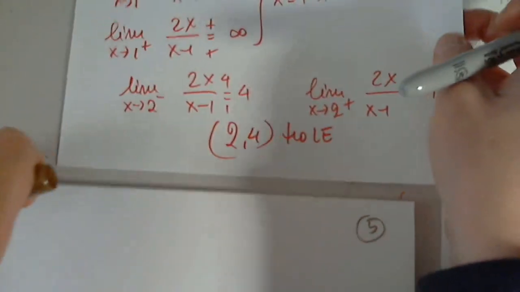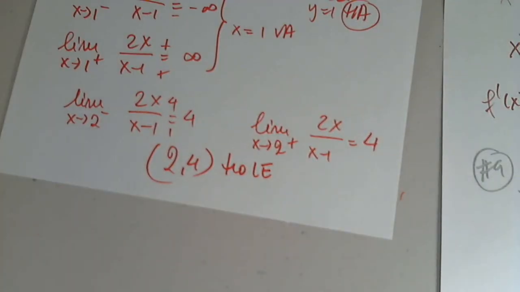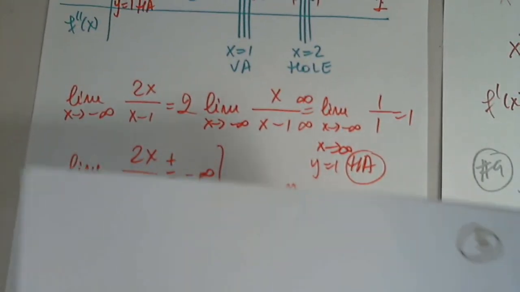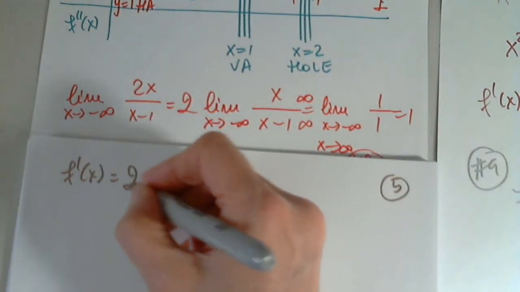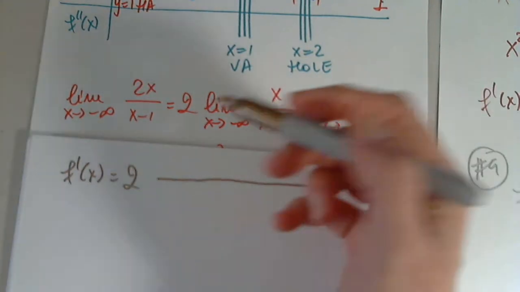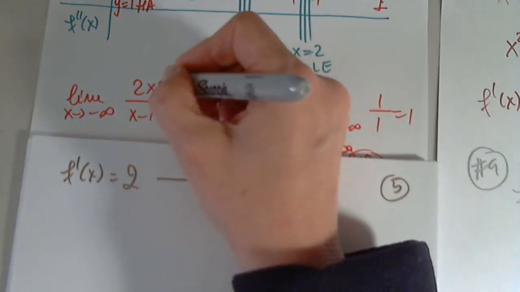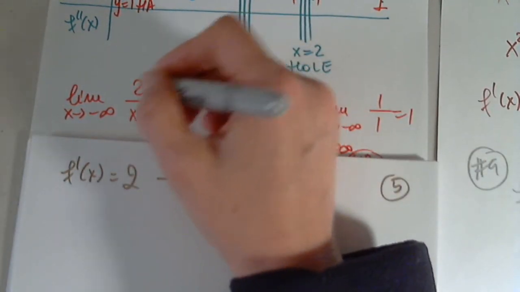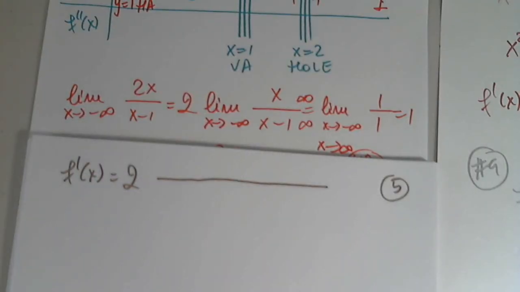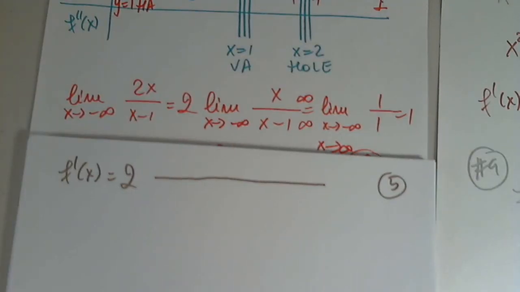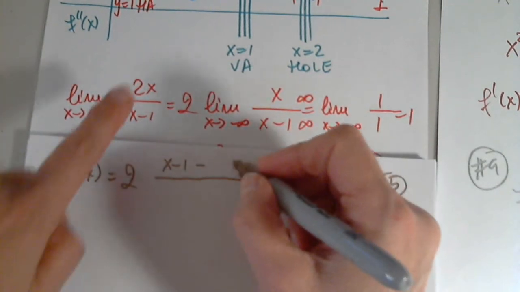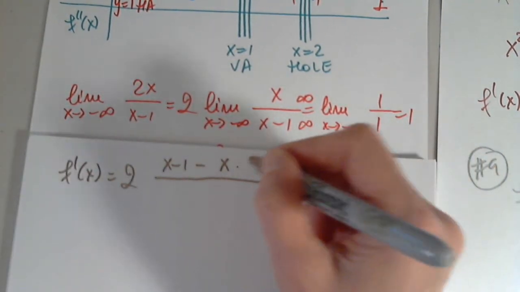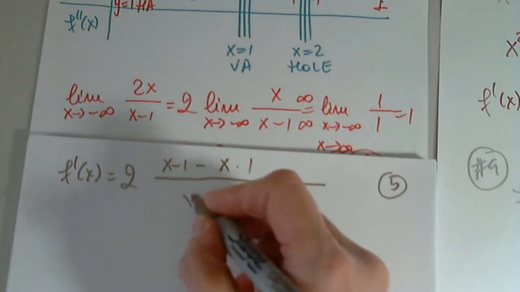First derivative. So f prime. Of course, 2 is outside, because it is a constant. If I had 2x plus 1, I would not have been able to take the 2 out. But 2 is a factor of the top. So the top prime is 1 times the denominator minus the top times the denominator prime, which is 1, over the denominator squared.